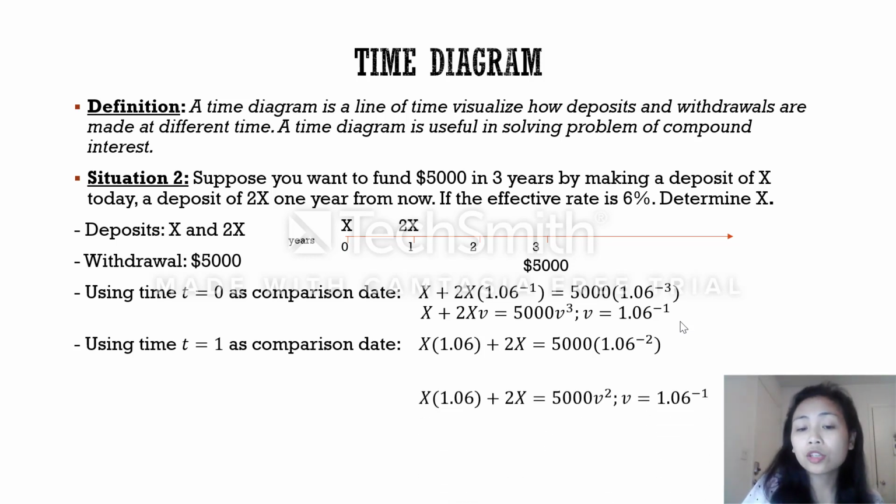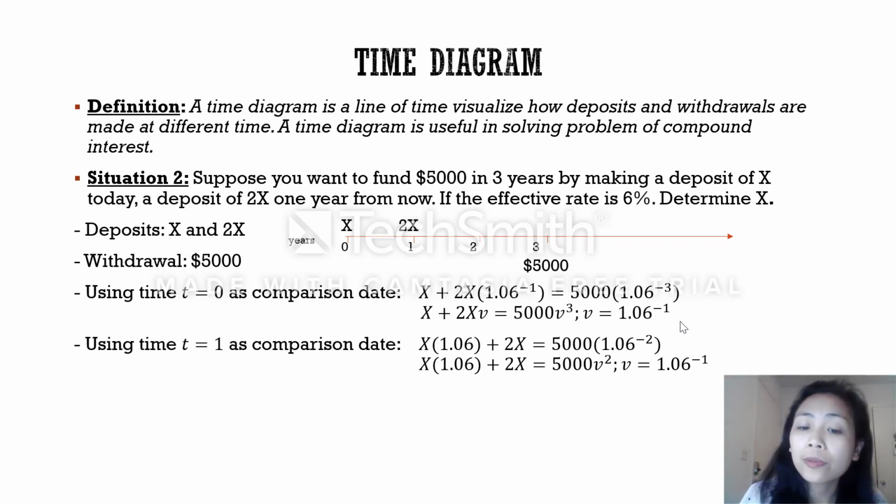Using v notation, we have X times 1.06 plus 2X equals 5,000 v squared, where v is 1.06 to the negative 1.